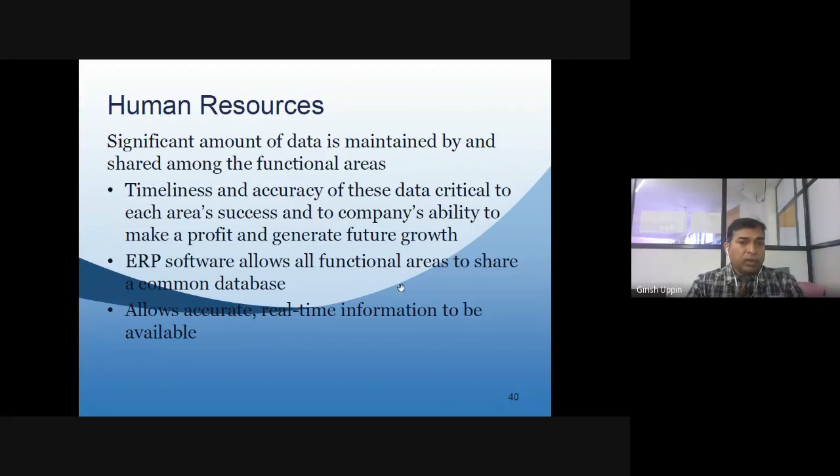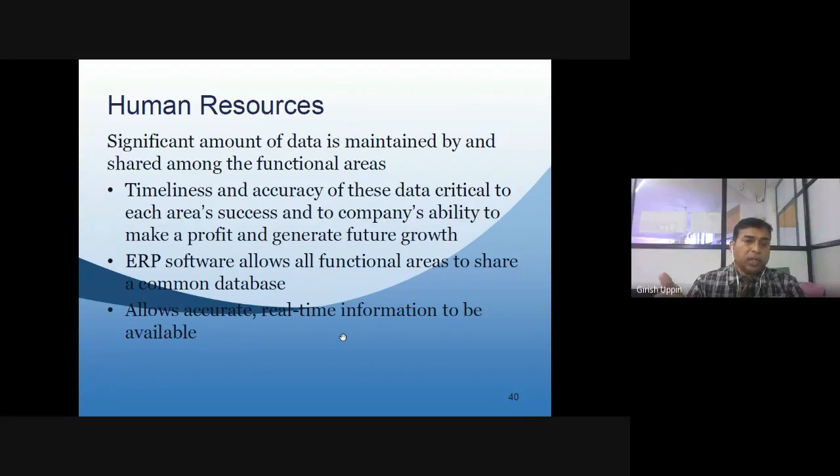ERP software allows all functional areas to share a common database, that we already know, which allows accurate real-time information to be available. So once we have a system like that, you can have real-time information. Whatever is happening as of that particular time, you can access. For example, the minute the supply chain management ships the customer product, they will update the record with the shipping information.